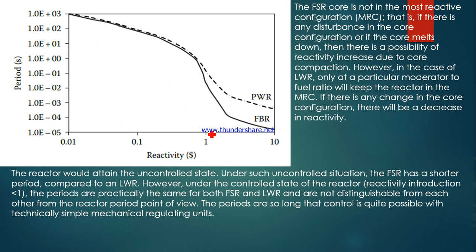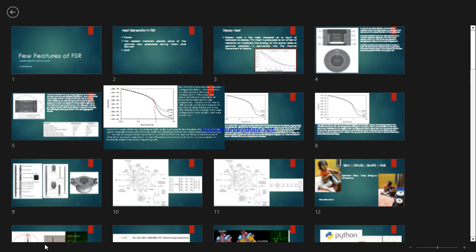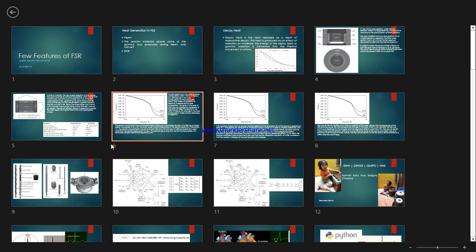So this is a figure. This is the x-axis. Here we can understand the transient, how fast. Let me explain it. How to draw something?